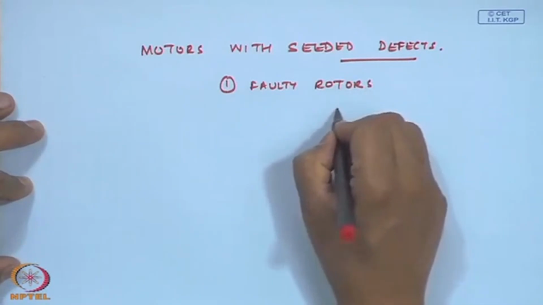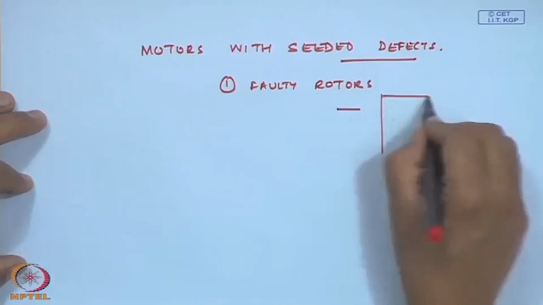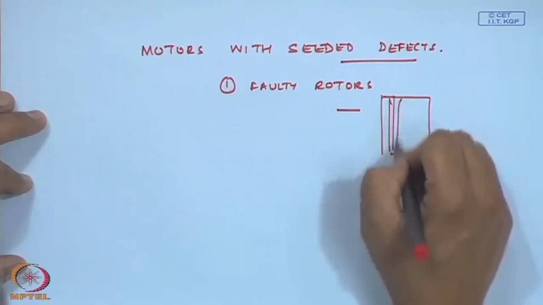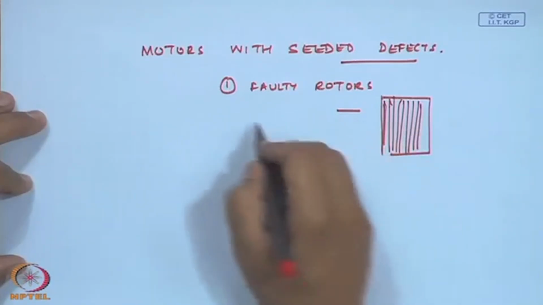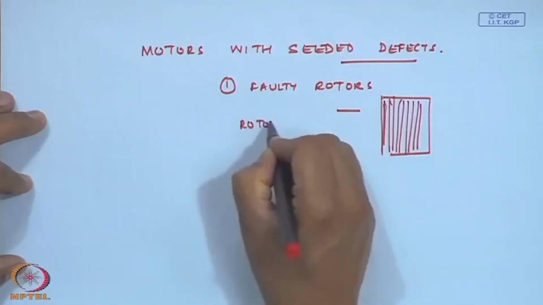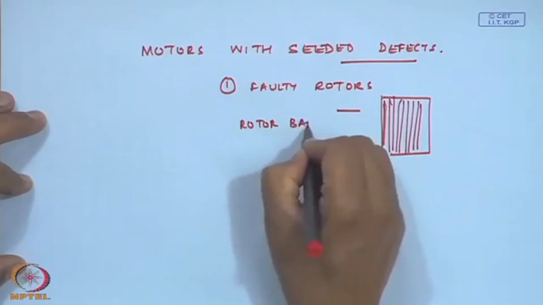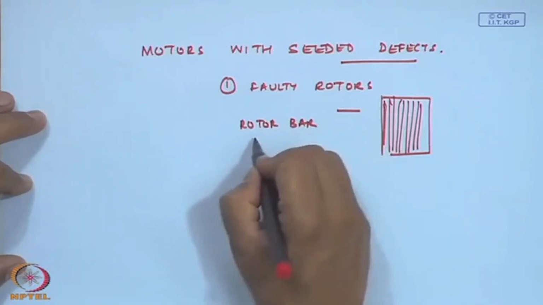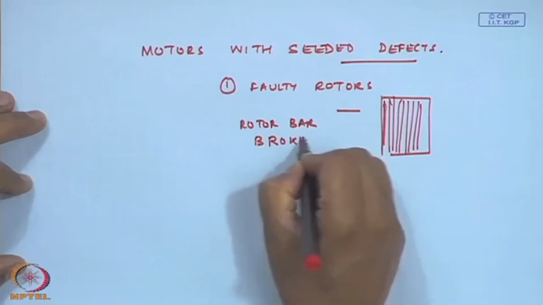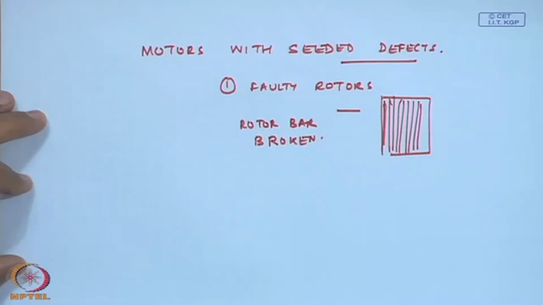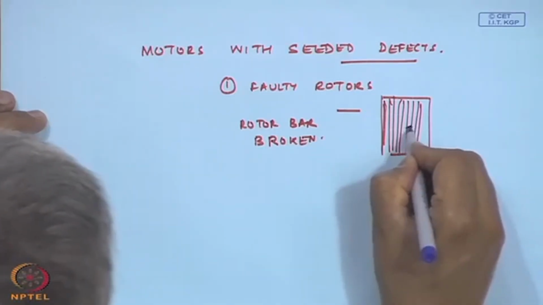Typically faulty rotors means, you have seen those rotor conductors like this in slots. So, rotor bar broken is a common mechanical fault. What happens if one of the rotor bars is broken?